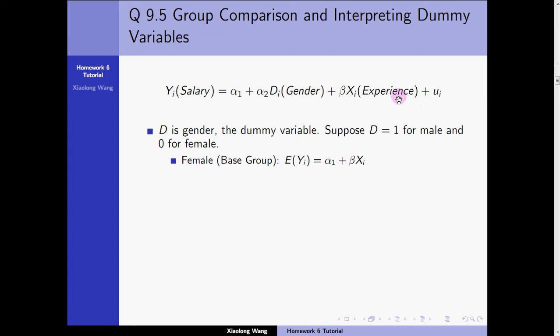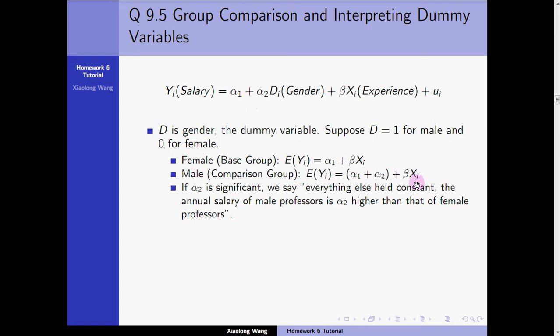If we plug in the numbers, we get the expected salary for female, which is the base group, equals alpha 1 plus beta times xi, because D equals 0 for female, so this term drops out of the equation. And if we plug in 1 into the equation, we get the expected salary for male, which equals alpha 1 plus alpha 2 plus beta times xi.